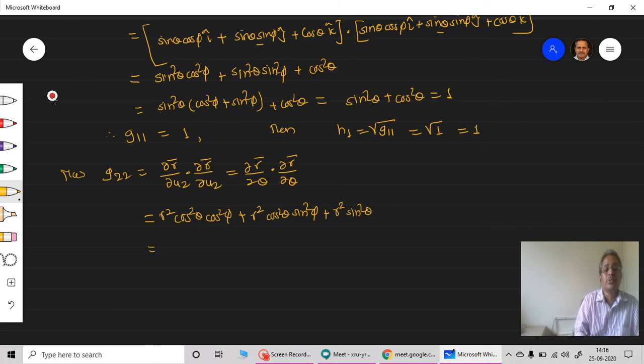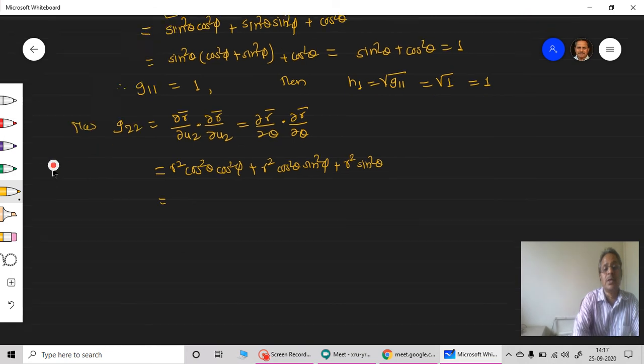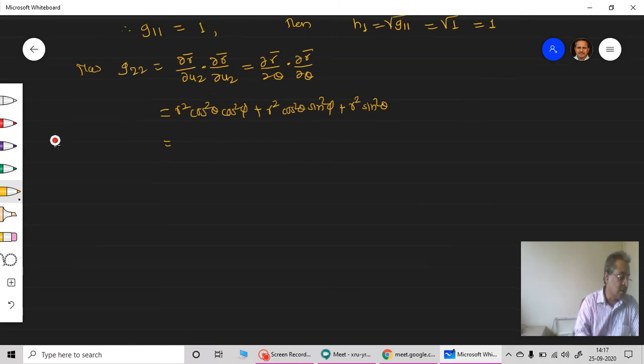The dot product of these two vectors will come to be r square cos square theta cos square phi plus r square cos square theta sin square phi, and like that. So in the first two terms r square cos square theta is common, so here it is cos square phi plus, in the second term, sin square phi, plus r square sin square theta.